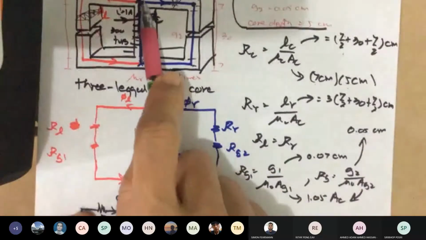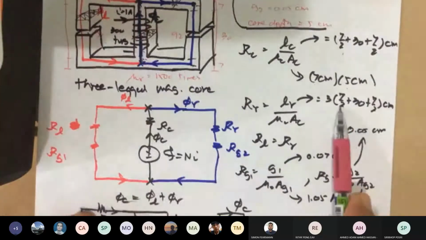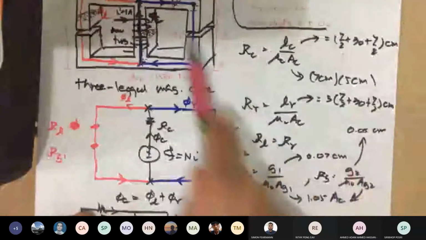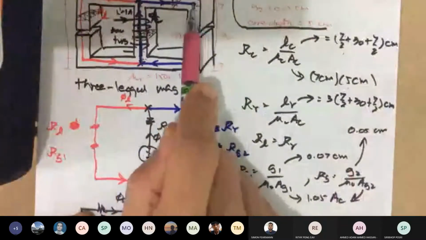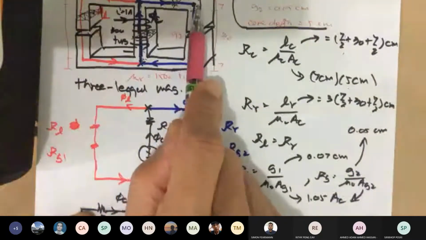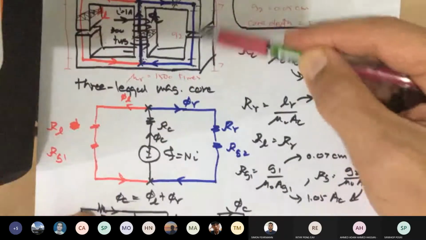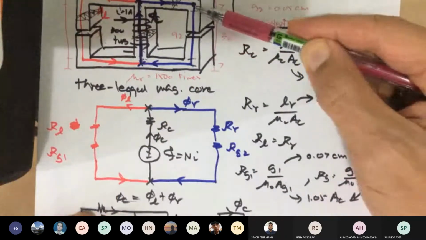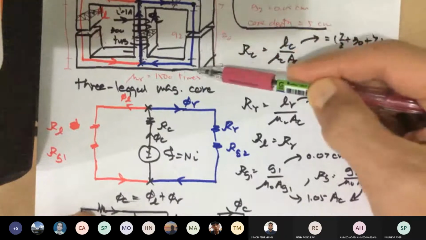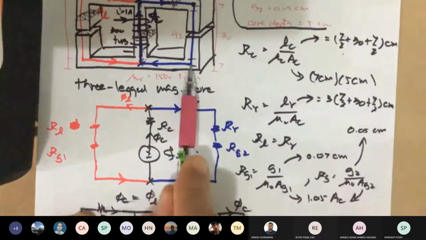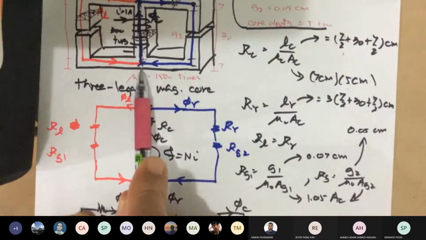Again, it's a center of 7, so 7.5 plus 30, another 7.5. Same thing here, it's symmetrical: 7.5, 30, 7.5. Same thing, 7.5, 30, 7.5.